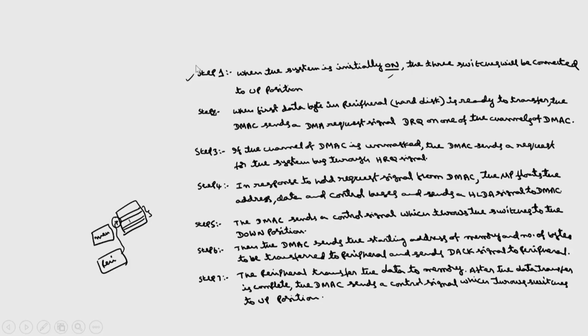This is the step by step procedure. So initially, whenever the system is on, there will be physical connection between the memory and microprocessor. That time DMA control will be bypassed.